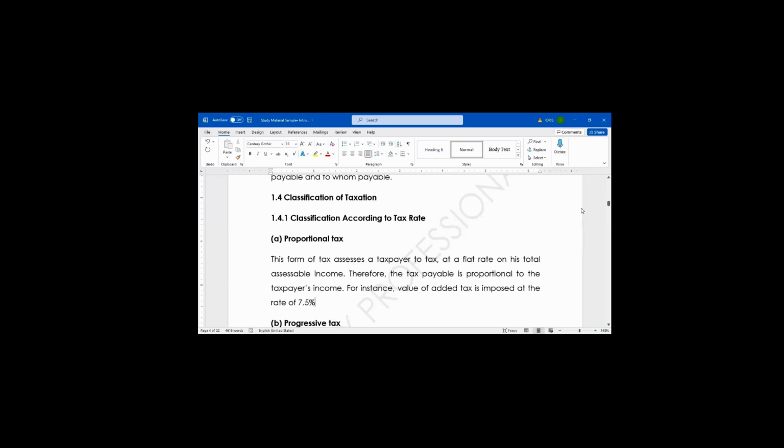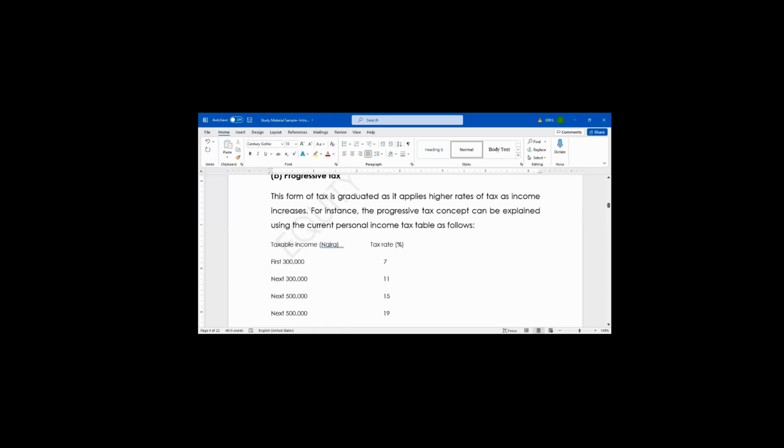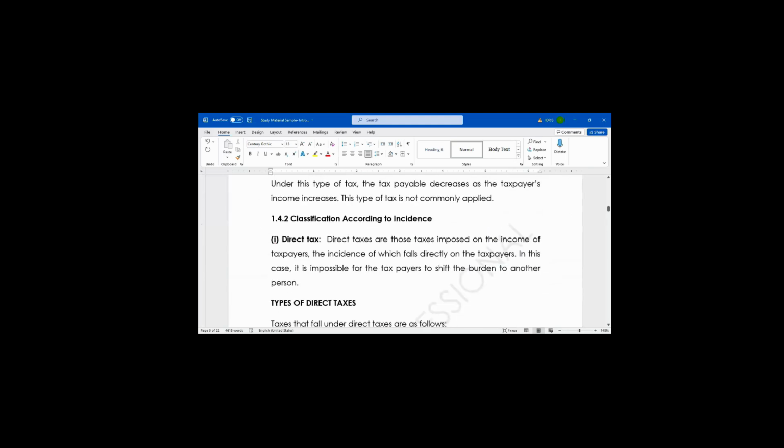Now, let's go to another classification. Classification according to incidence. Under incidence, there are two types of tax: direct tax and indirect tax.